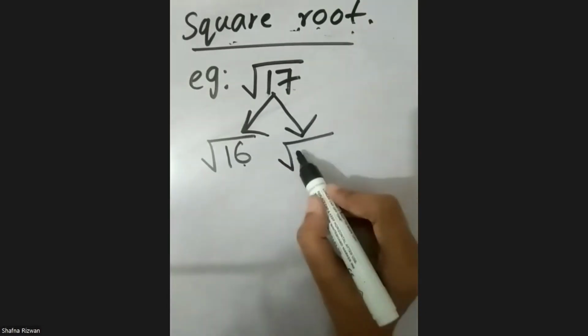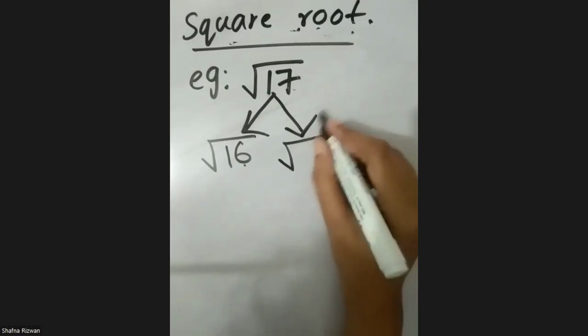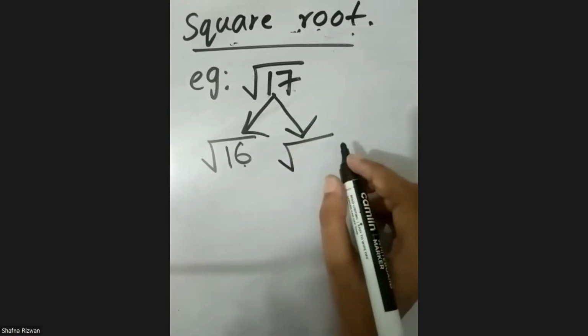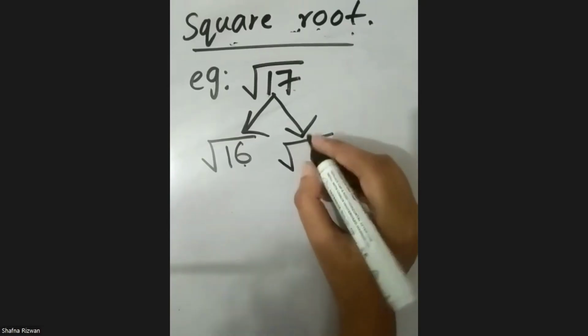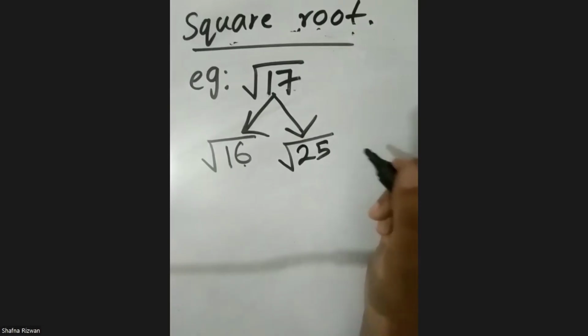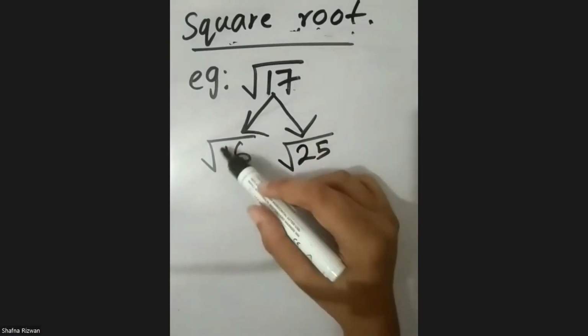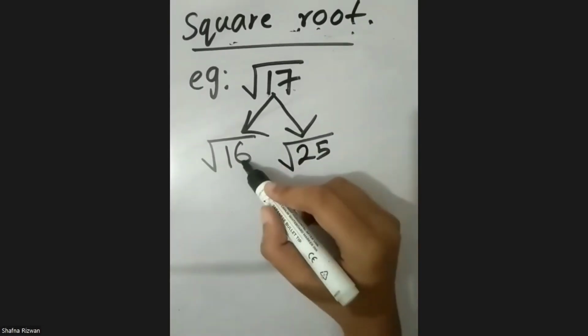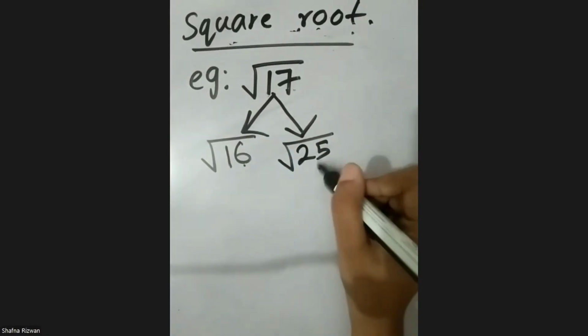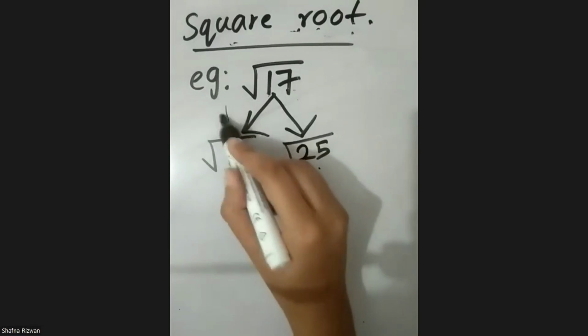And another closer value which is greater than 17 is 25. So we found two values: 16 is closer to 17 but lesser than 17, and 25 is closer to 17 but greater than 17.